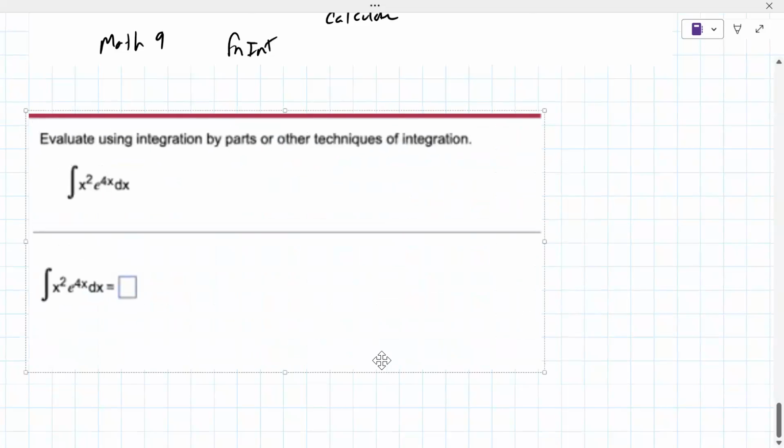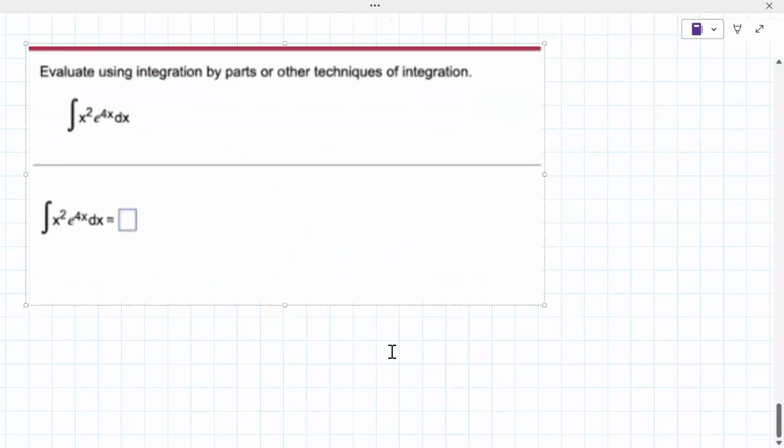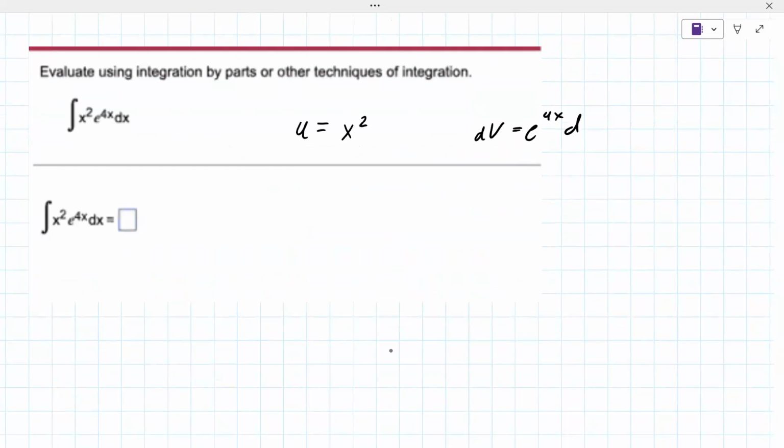All right, so next one here, it tells you to use integration by parts, which will be very challenging to learn. It's hard for even calculus 2 students to do, but you have to take a derivative here. du is 2x dx. v is 1/4 e to the 4x.